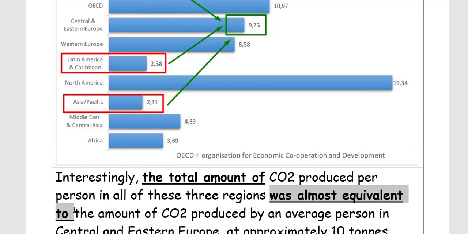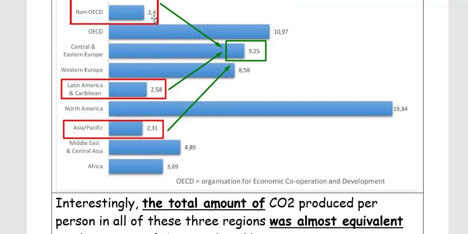The expression was almost equivalent to means was almost the same as the amount of CO2 produced by an average person in Central and Eastern Europe. Okay, so the idea is if you combine them, 2.4 plus 2.58 plus 2.31, then the total amount would be almost the same as 9.25. Okay, so that's what you can do.